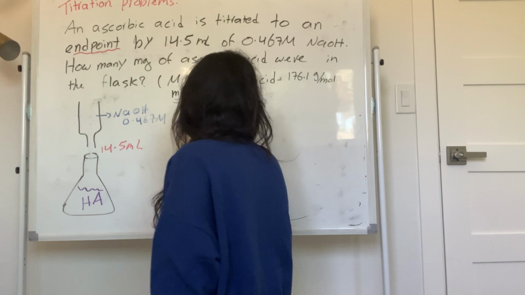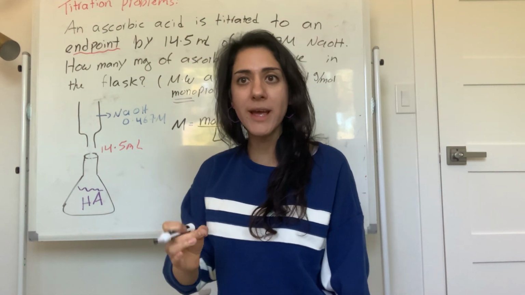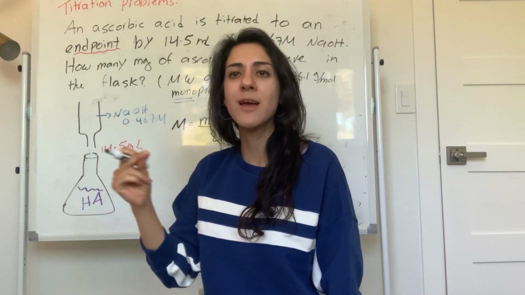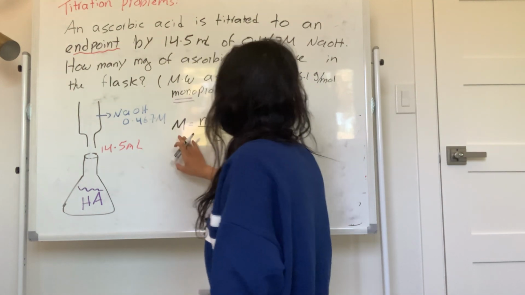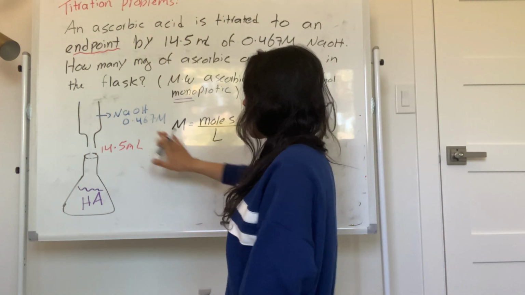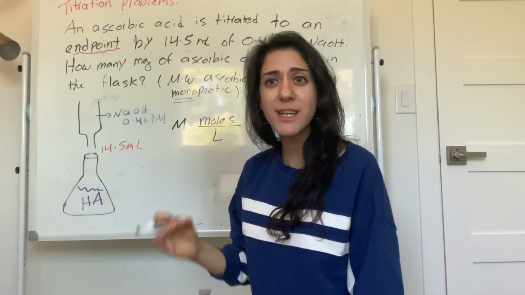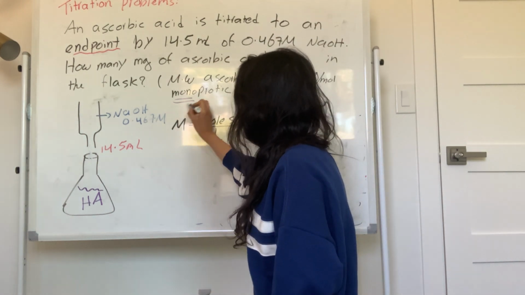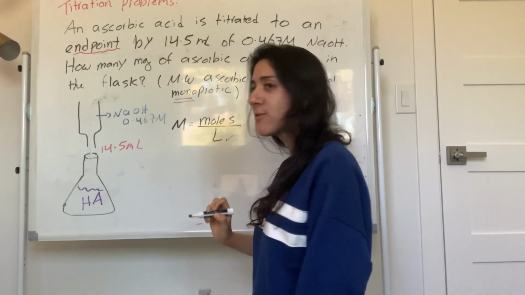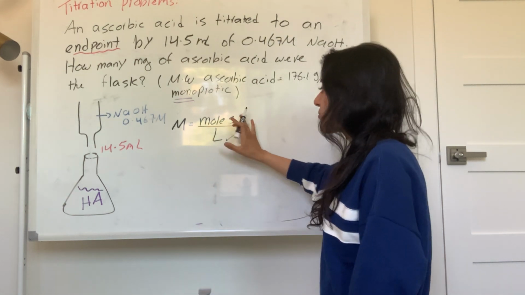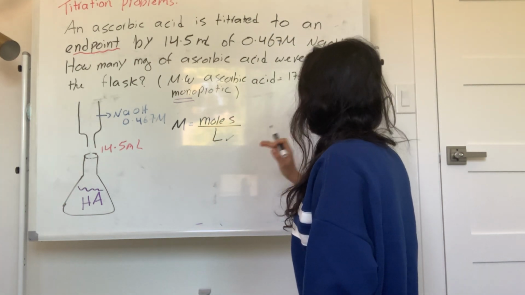I'm going to figure out how many moles of NaOH I added to this solution before it turned pink. Okay, I have the molarity and I know the volume of NaOH I added, so I can figure out the moles of NaOH that were added.